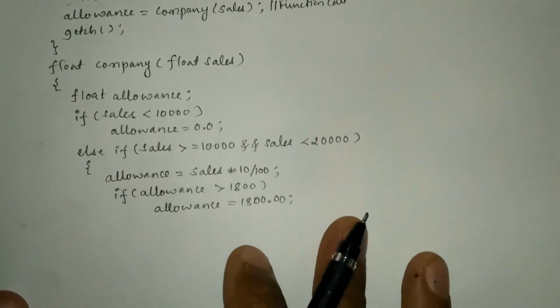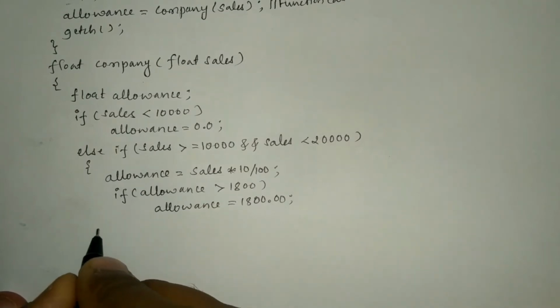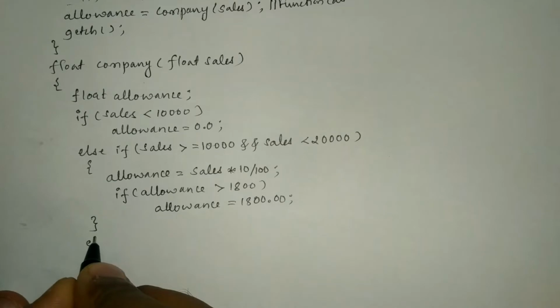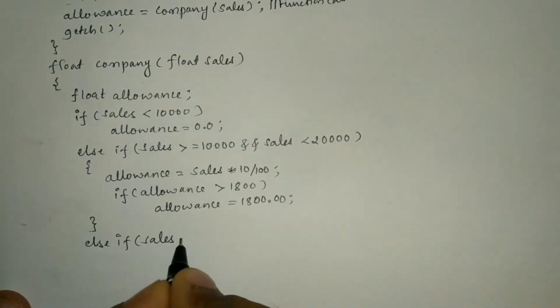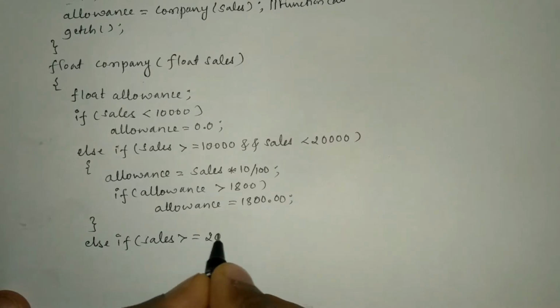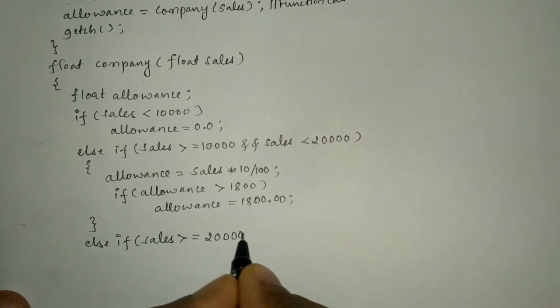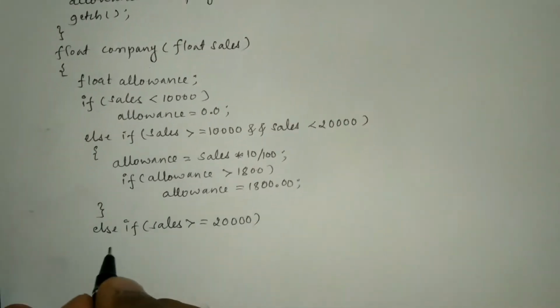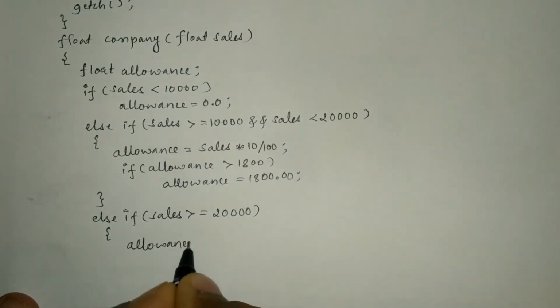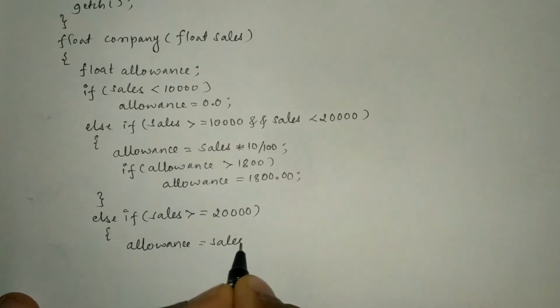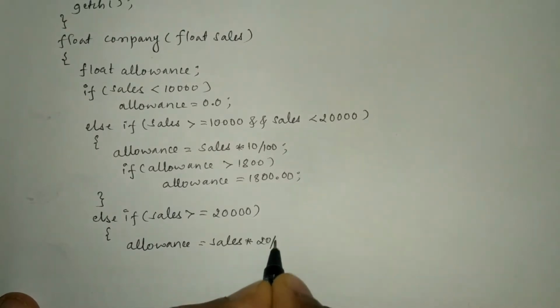So here we are going to write else if once again. So here we are going to close this else if, and once again I am going to write else if sales is greater than or equal to 20,000, because it is given in the question. So curly open brace, and here I am going to initialize allowance is equal to sales into 20 divided by 100, that is 20%.